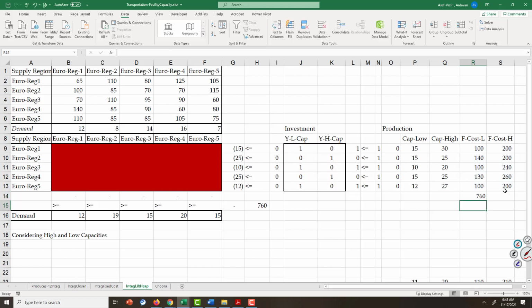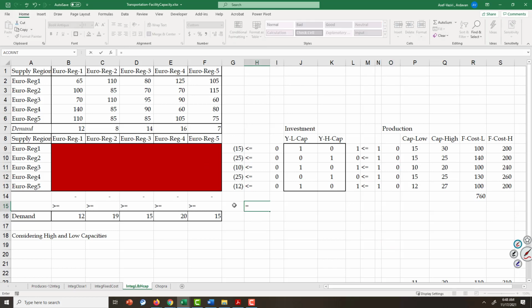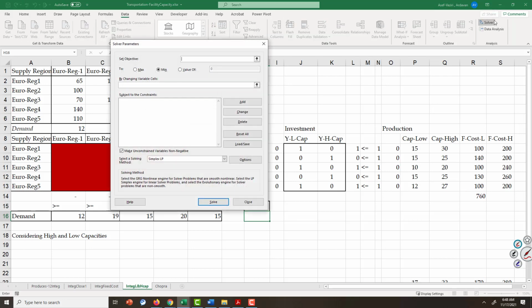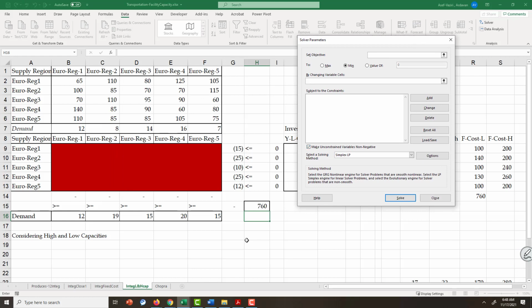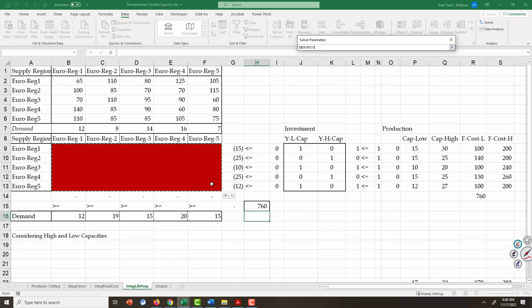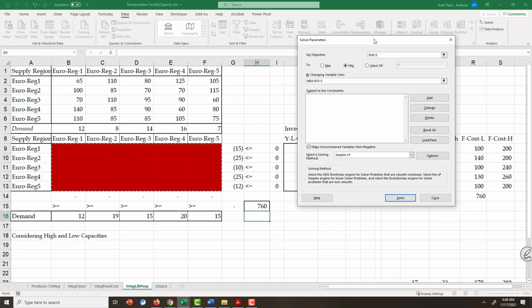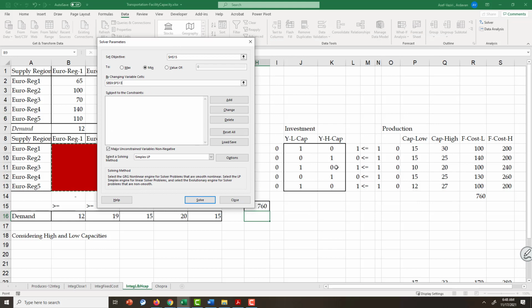And that is my total operational costs. And then my objective function, transportation cost plus operational cost. And I want to minimize it. Solver. Minimize this objective function with respect to x variables and also y variables.